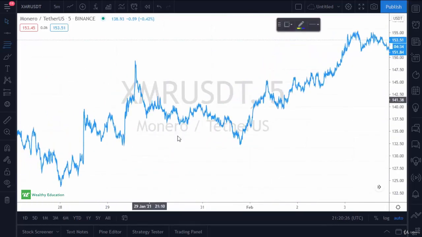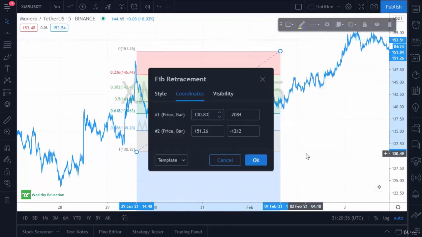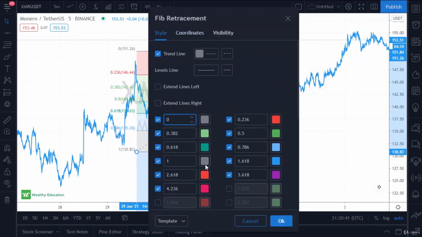So, as far as the Fibonacci levels, if you wish to adjust them, you draw one on the chart, and then you right-click and go to Settings. Click on Style. You can change the colors.